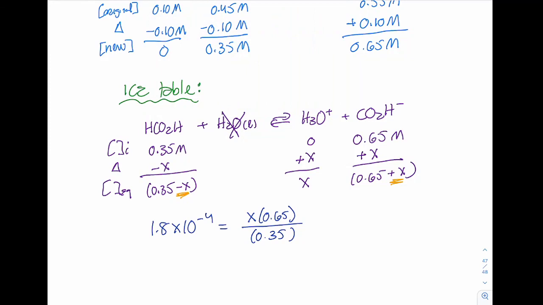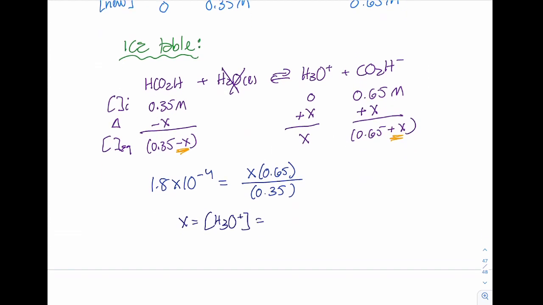And then solving for X. And I got 9.7 times 10 to the negative 5th molar. I am going to double check that real quick. And I got the same thing.